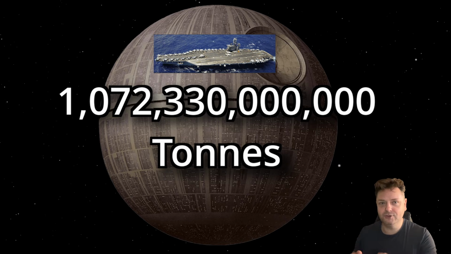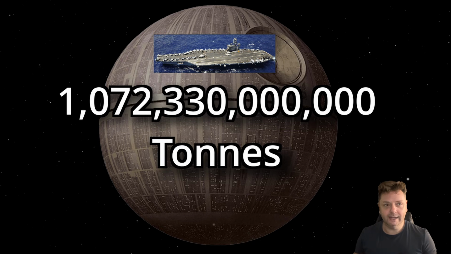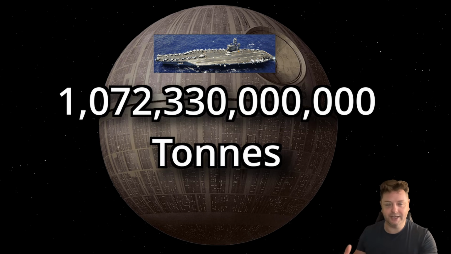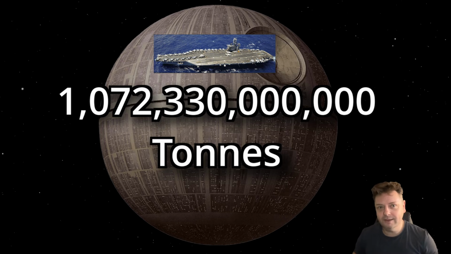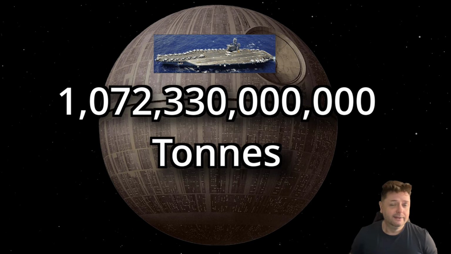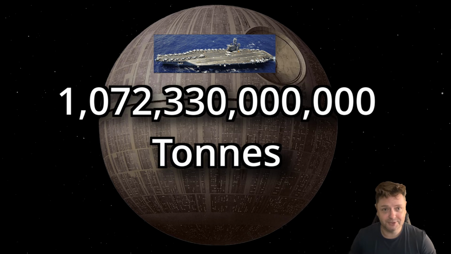Again, that number that I've just given you, and I'm going to pop it on the screen, is based off taking the US Nimitz, which again is not a solid block, so that is a relatively accurate description. The Death Star is massive, it's huge.